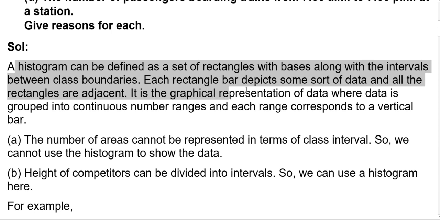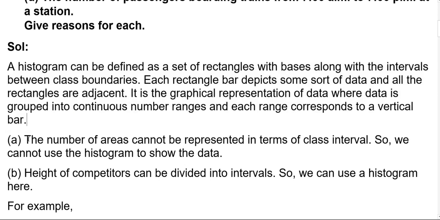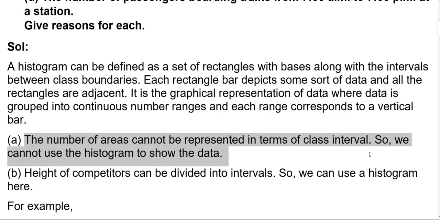It is the graphical representation of data where data is grouped into continuous number ranges and each range corresponds to a vertical bar. For A, the number of areas cannot be represented in terms of class intervals, so we cannot use the histogram to show the data.